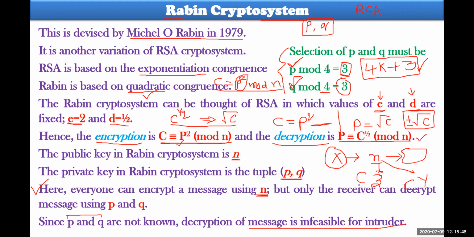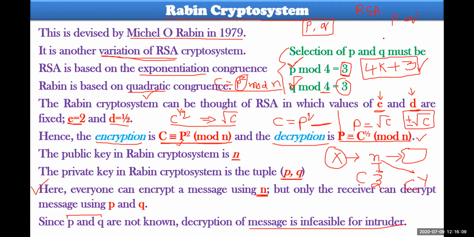And of course, as already stated, it is another variation of RSA. In RSA, you are expected to select P and Q as two different large prime numbers.